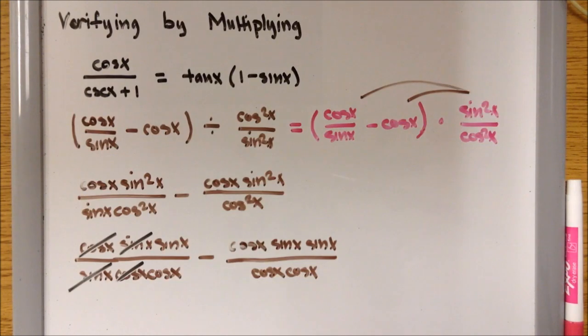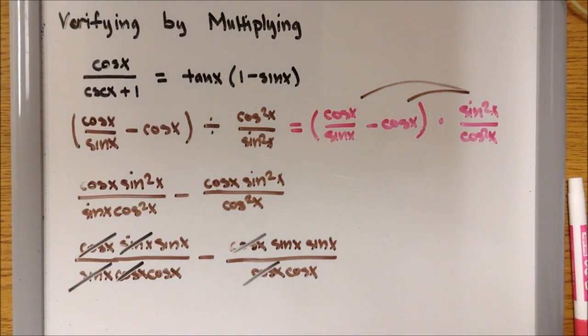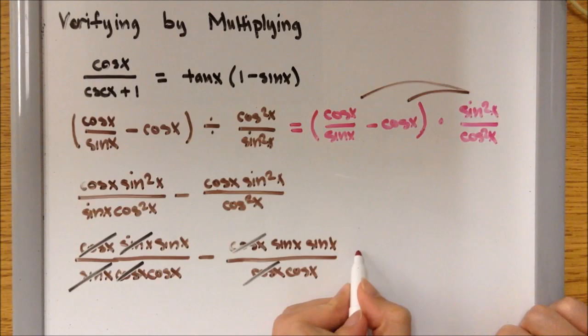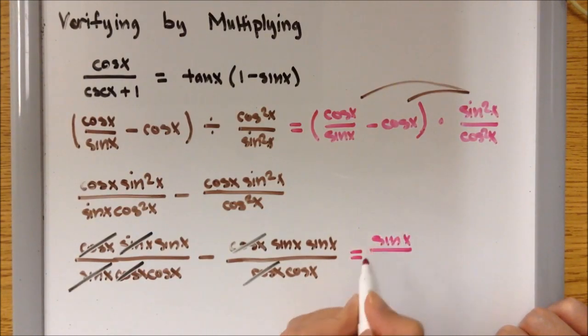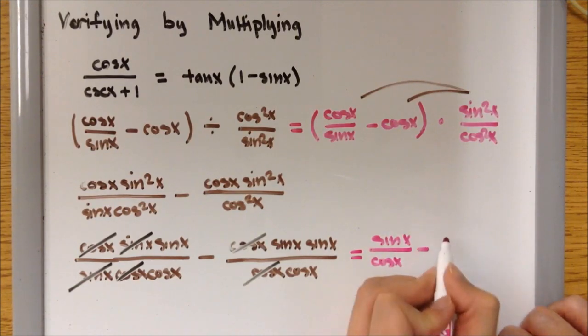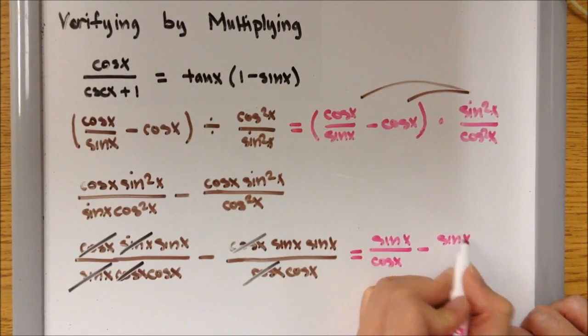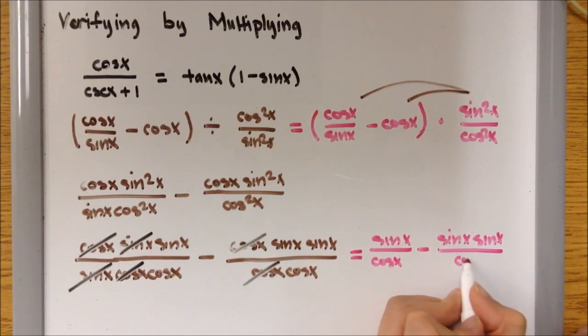Then I look at the other fraction, I see that there's only cosine x on the top and bottom, so 1 cosine x from top and bottom. So I am left with sine x over cosine x minus sine x over cosine x.